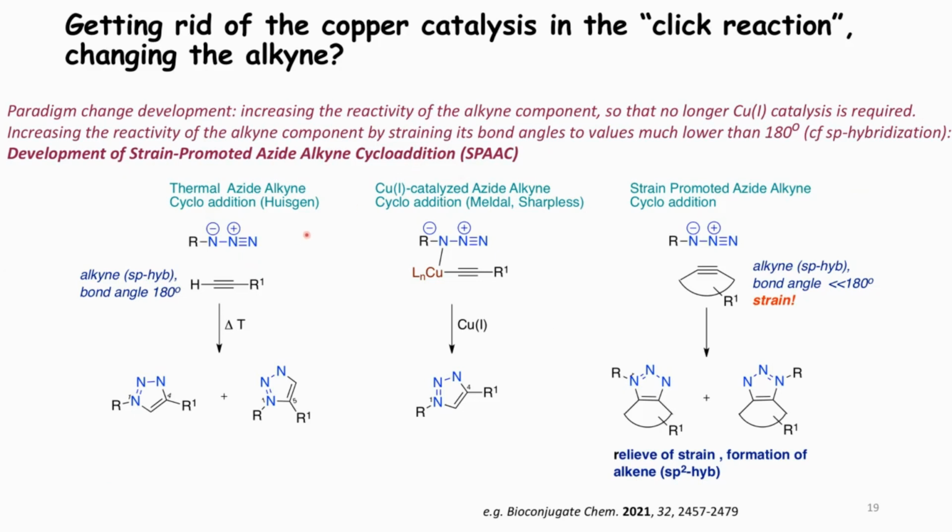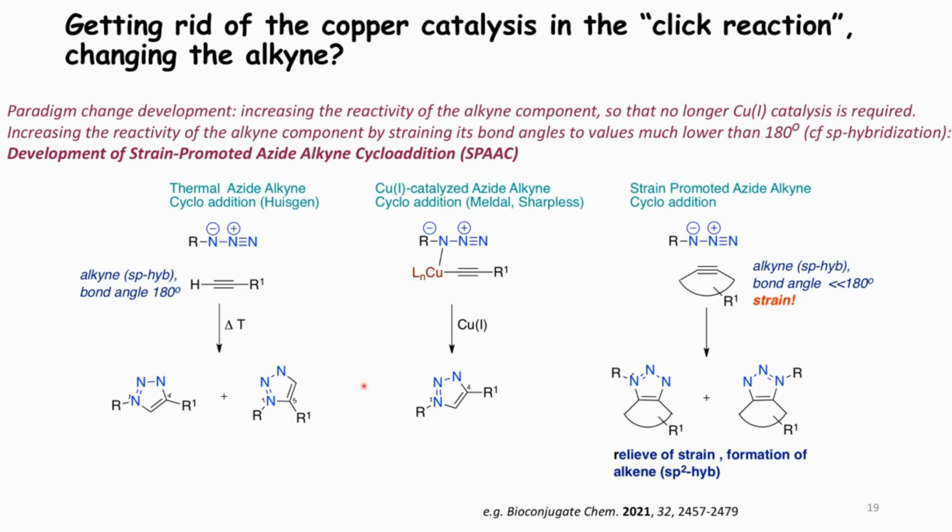Now, just let me remind you, this is the thermal azide alkyne cycloaddition of Huisgen. He heated up the azide together with the alkyne, and you get both components, the 1,4 adduct and the 1,5 adduct. Of course, we just want to have one isomer, but you have to heat up.